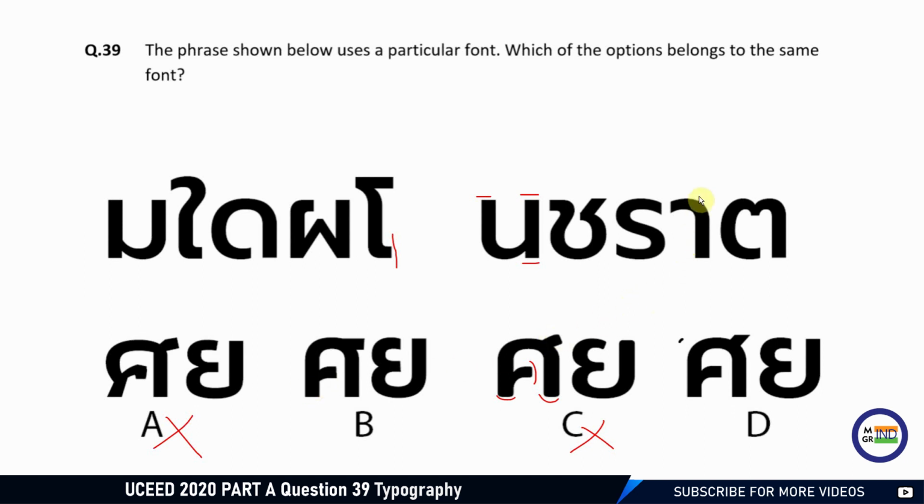But in these letters, I see the stroke is varying throughout, like it's reducing from points where it is curving. Another major point which I noticed after some time was that these two are showing so many similar characteristics, which is not observed in option B. So our answer is D.